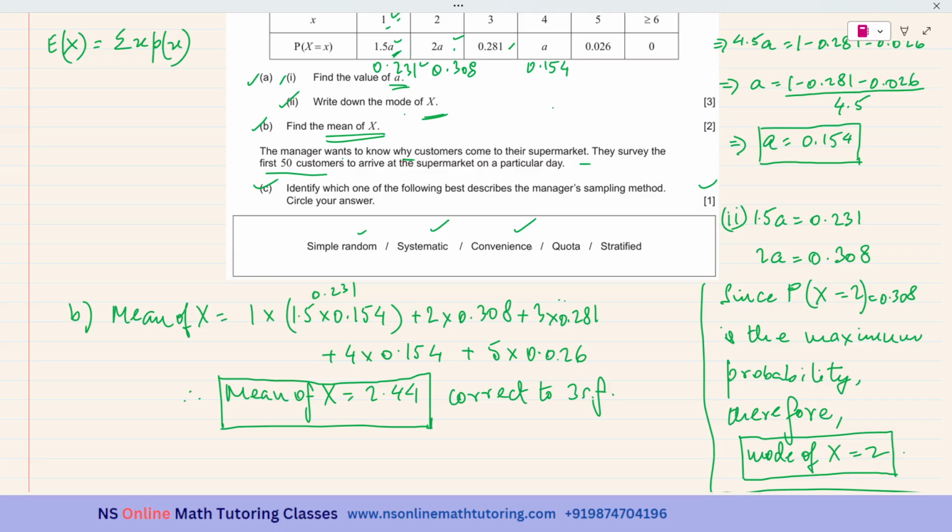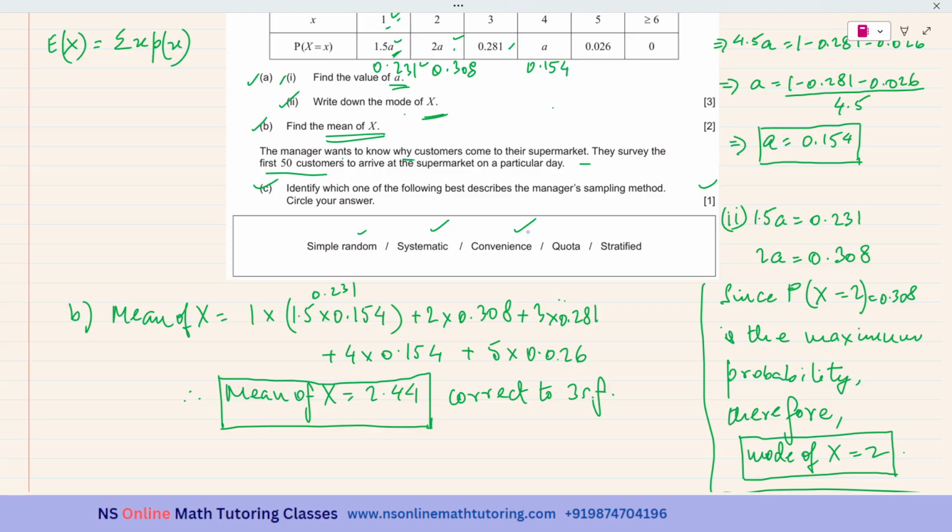Convenience sampling. Convenience sampling means you may be busy at some part of the day, you may not be present over there, or there may be various other reasons. So you select a time which is convenient for you, or you may be selecting the customers who are present near your office, who you can just see from your office.